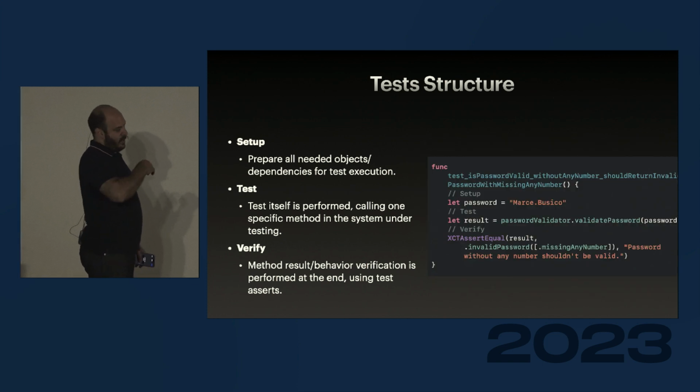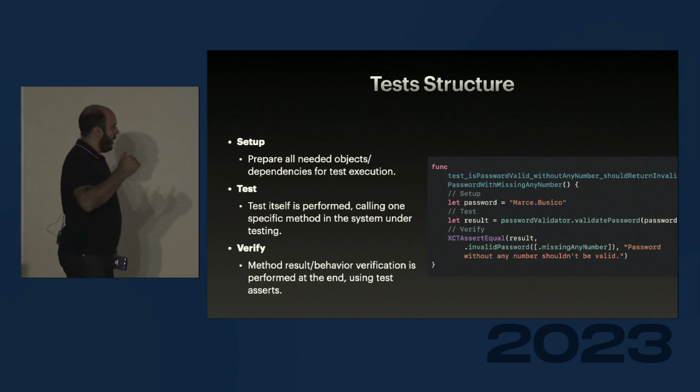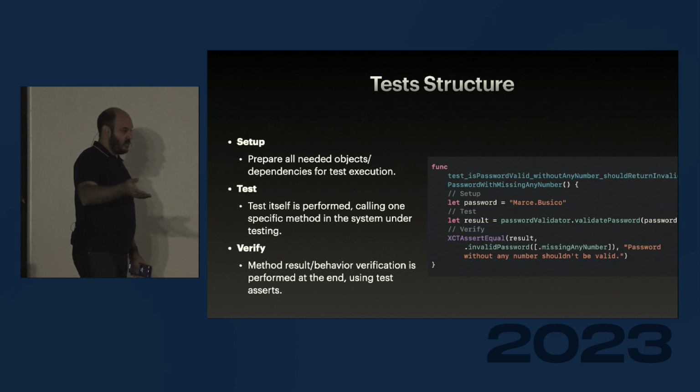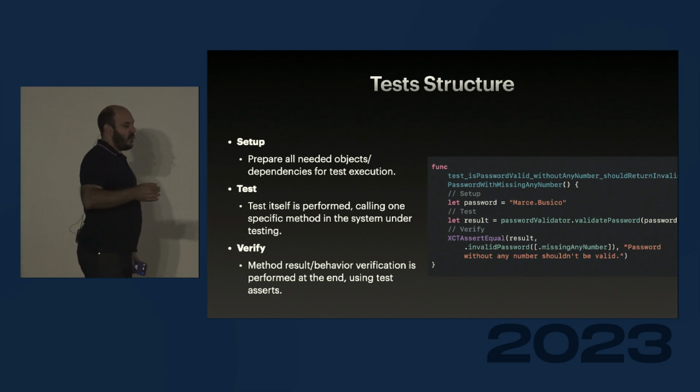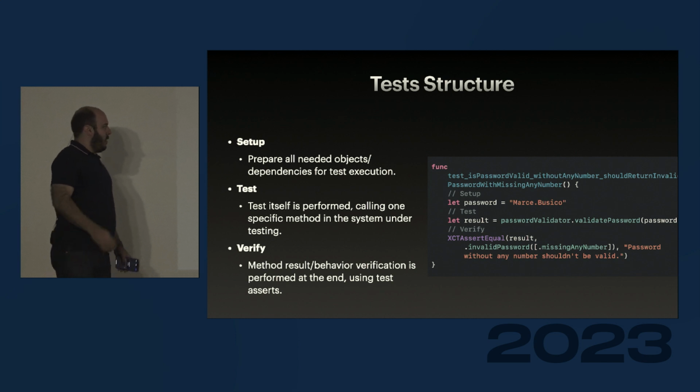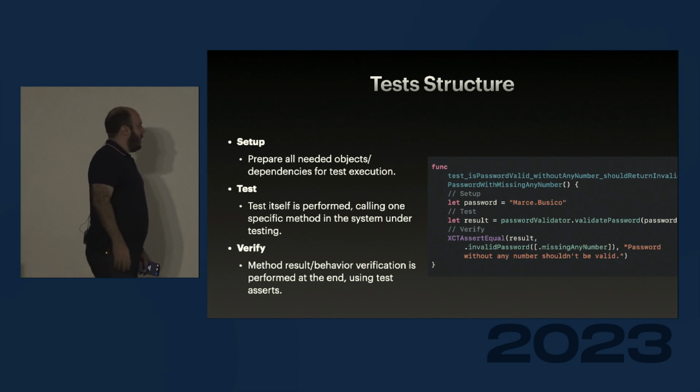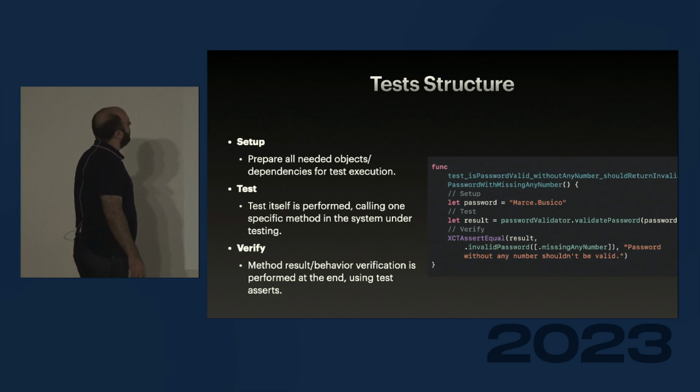I usually include these marks all the time in order to know where each part starts and ends. That is really useful as well. It's a little tip, but when you see tests from someone else and you see this, you know I'm setting up, I'm testing, I'm verifying. So I think that's a quick tip that you can use.